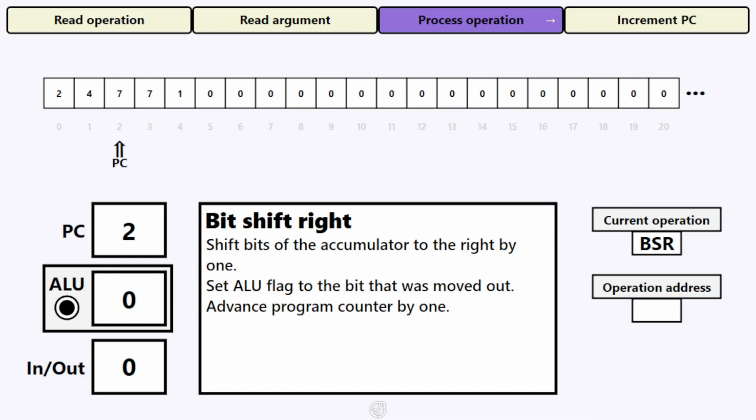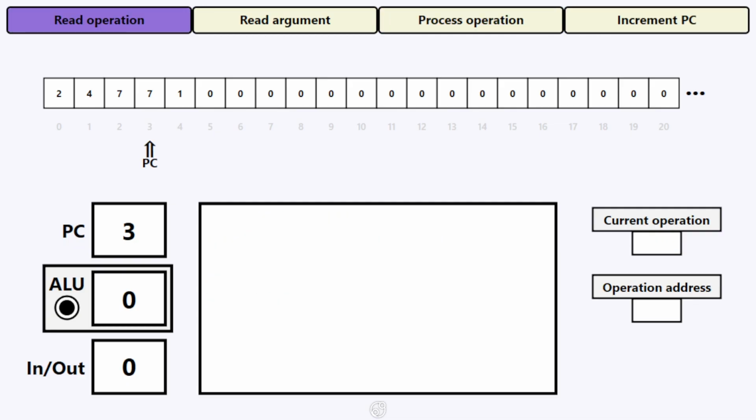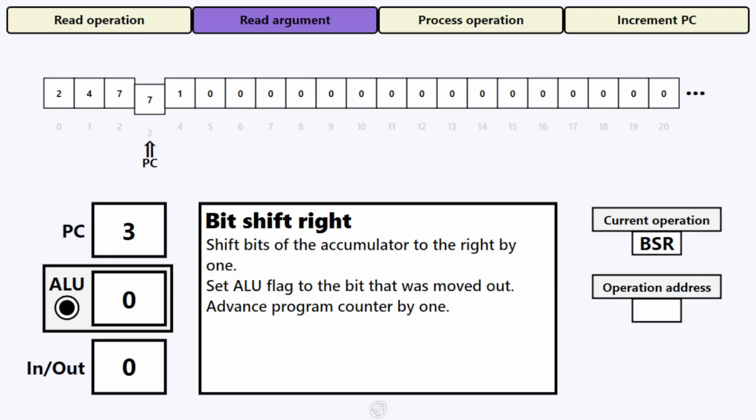Though this time it's not because of an underflow. We divided 1 by 2, which is 0.5, but our computer doesn't do 0.5, just 1 or 0. So it's not quite underflow, it just means the bit we just dropped was a 1. And the next bit shift right just shifts everything to the right with everything being 0, and adds another 0, so nothing changes and the flag just gets reset.